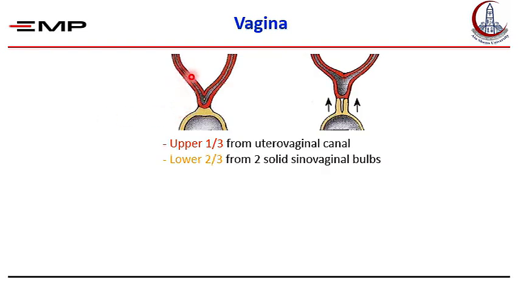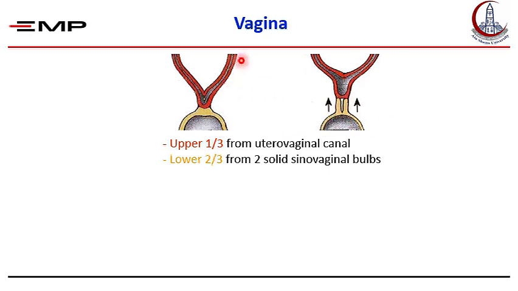I just told you that there is a Mullerian tubercle that bulges in the back of the urogenital sinus. And we said that the upper 1/3 of the vagina comes from the united uterovaginal canal. The lower third comes from two outgrowths from the endoderm of the back of the urogenital sinus called sinovaginal bulbs.